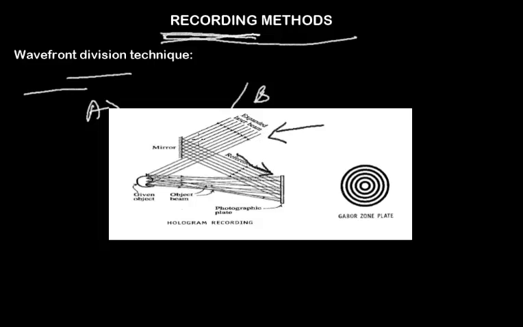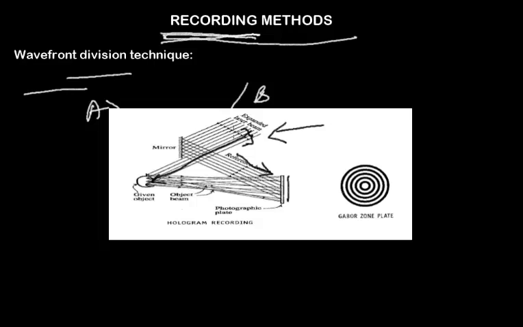And the other half of the expanded laser beam is going to the object. So half part is reflecting back towards the photographic plate, and half part is reaching the object and will strike it.